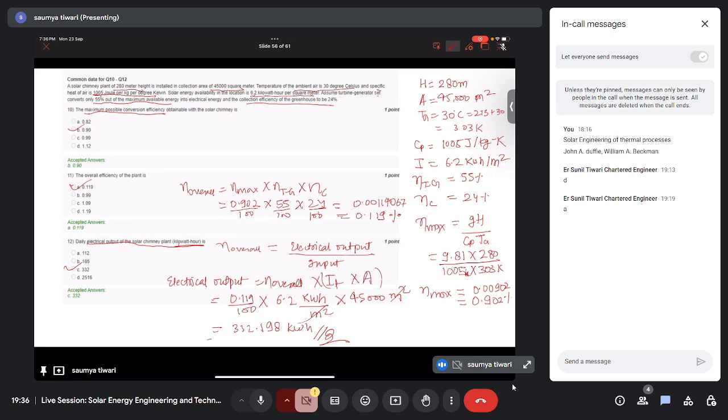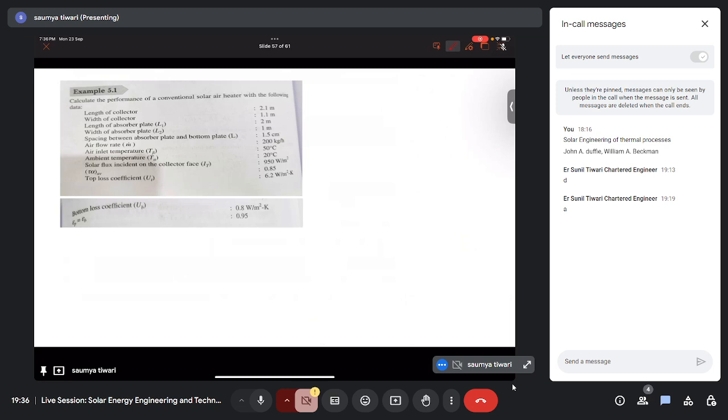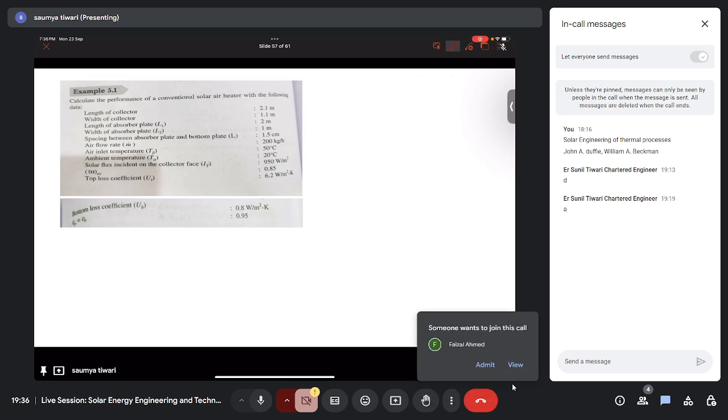Okay, moving on to the next part. So this is the question, based on how to calculate a performance parameter of a conventional solar air heater.